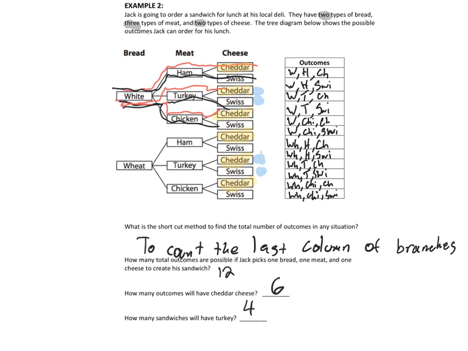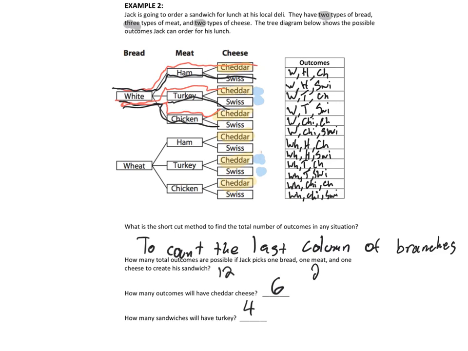Now there is a mathematical way to figure this out as well, and that's multiplication. And that's where the highlighted stuff up top comes into play. If you're just given a word problem and you don't want to make your tree diagram, you can use just the numbers.